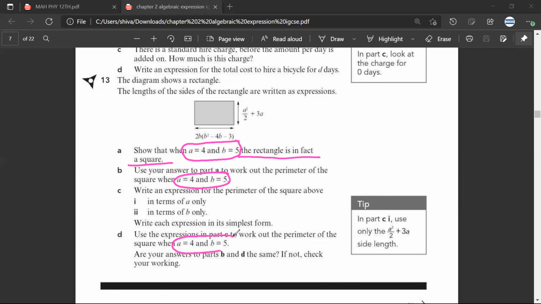So here also when you find b, your perimeter would be 80. Here also when you put a is equal to 4 or b is equal to 5, your perimeter would remain the same. So are we clear? Yes, sir. Shahriman, are we clear? Yes.